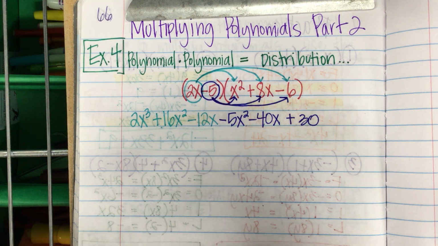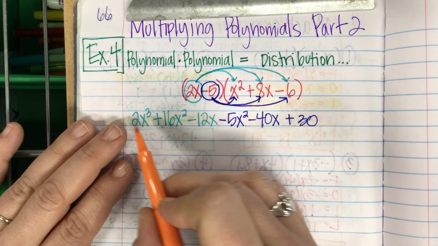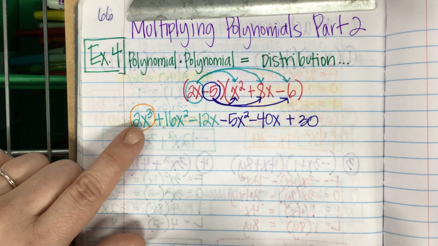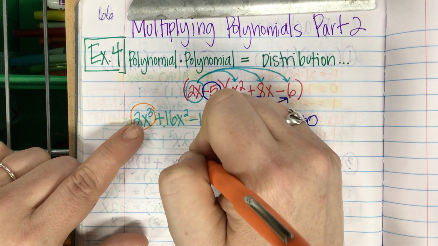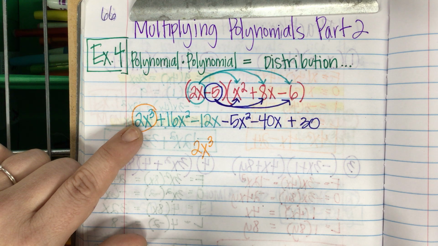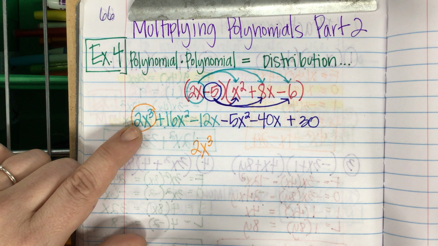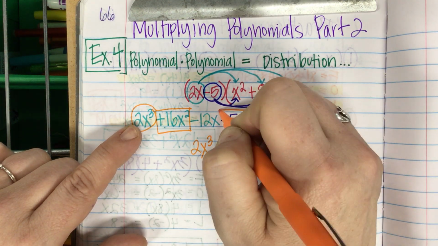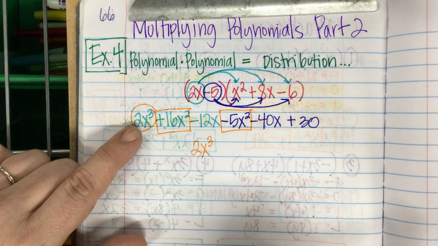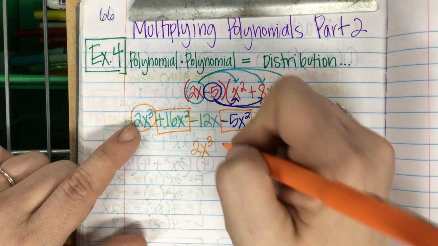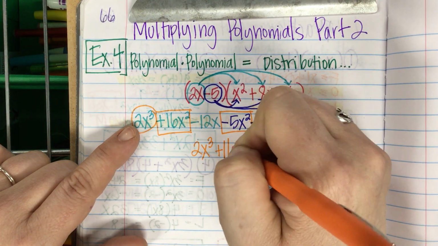So I'm going to put it in standard form. Is there anything that goes with this x to the third? Mm-mm. So 2x to the third. And then what I have are x squareds. 16x squared minus 5x squared is 11x squared. Positive, so plus 11x squared.